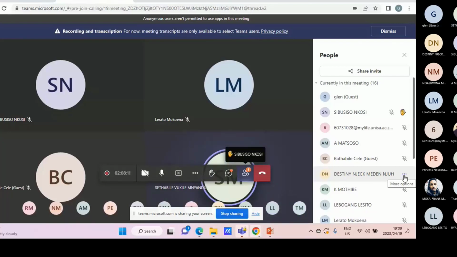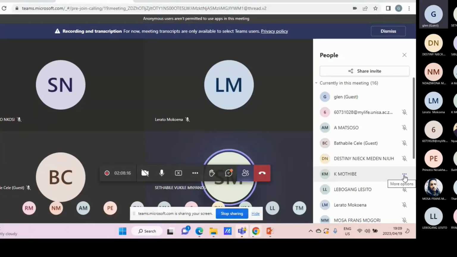Onwards, yes. My request is that all of us rework this exercise, okay? We'll rework this exercise. Next time when we meet, we'll be talking in one voice. Is that a fair request?